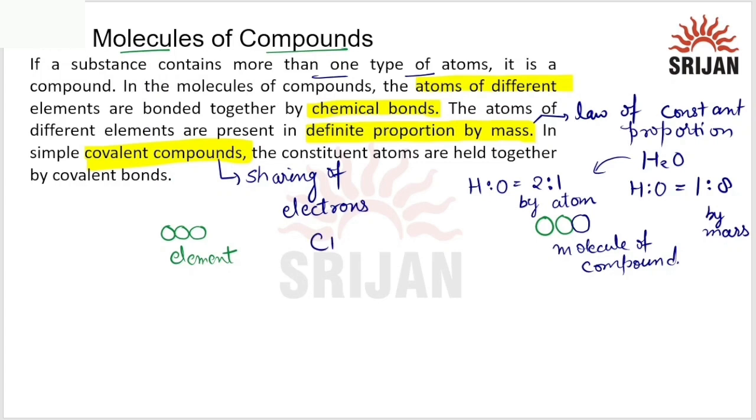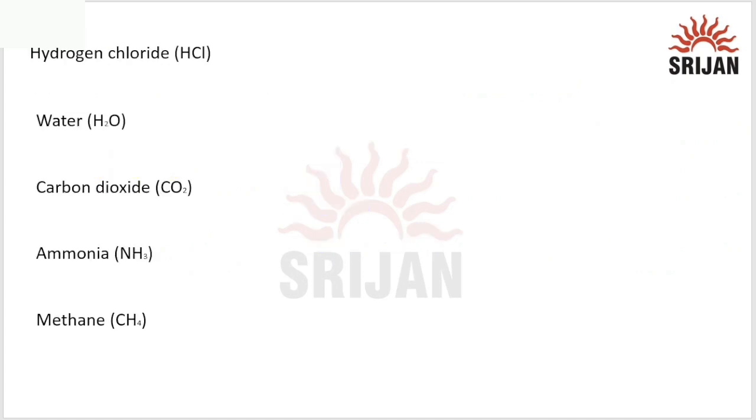For example, methane, that is CH4. It is a covalent compound. It is formed by the sharing of electrons. There are some examples of covalent compounds. Here, the first compound, hydrogen chloride, contains one covalent bond and two atoms.